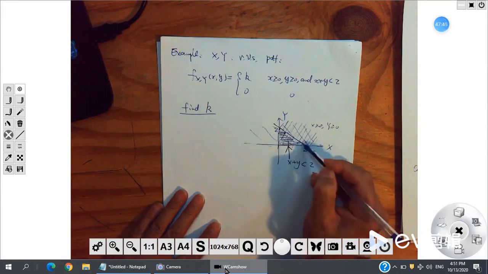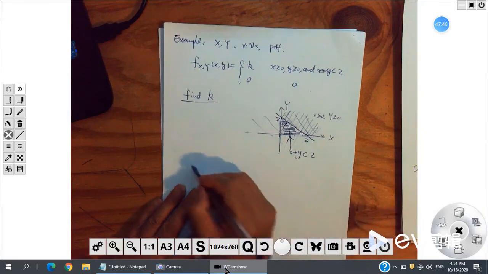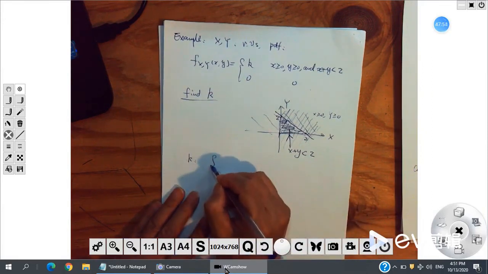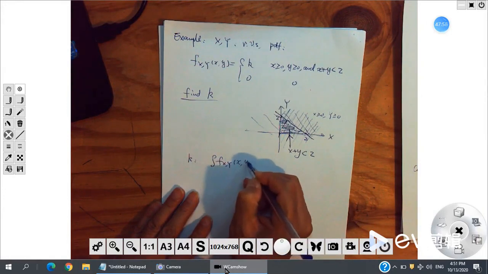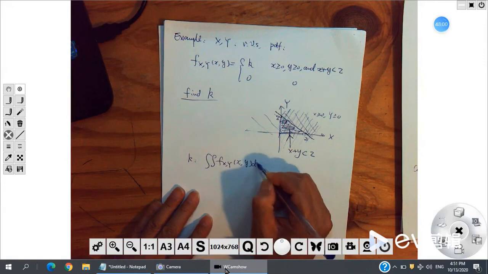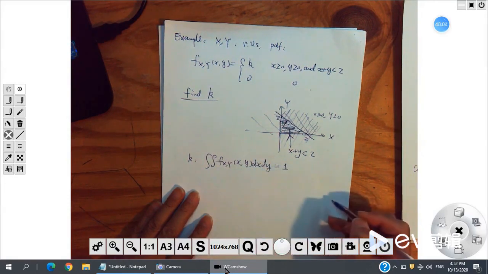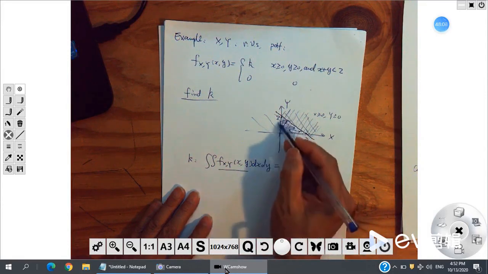Okay, triangle. And then what is the k? To find the k, we need the integral of f(x, y) dx dy, and we want this equal to 1. And this is constant, a k under this area.